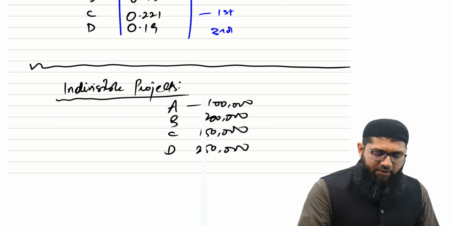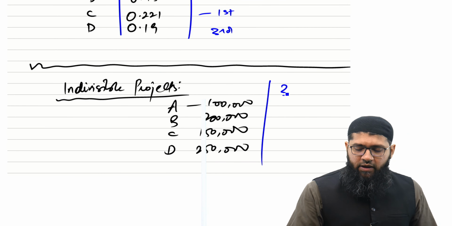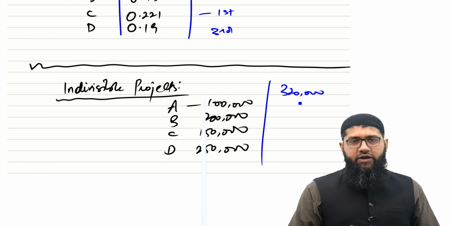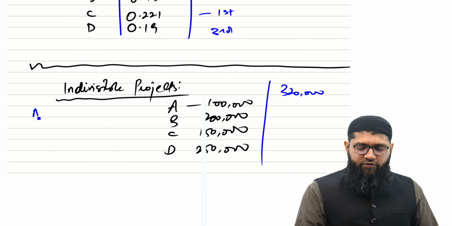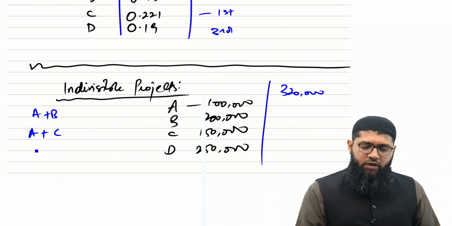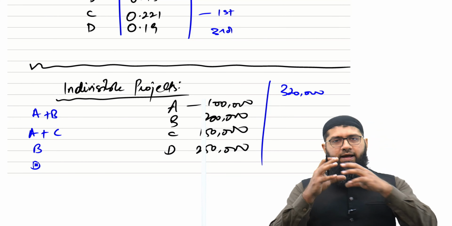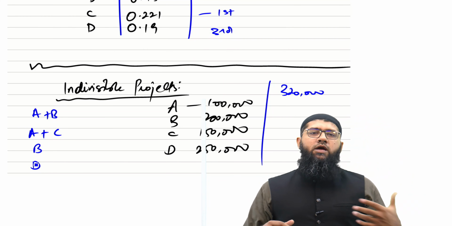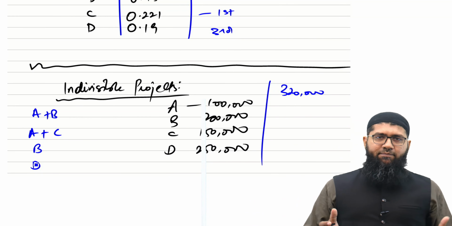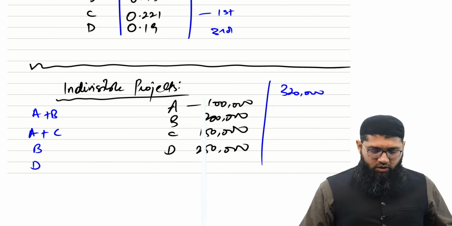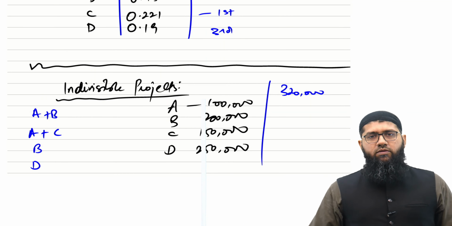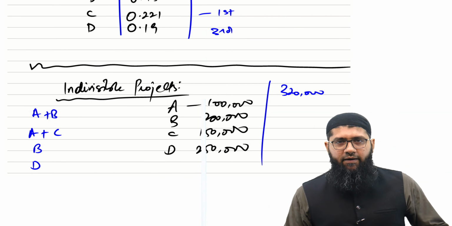And if you have an available capital of, let's say, 320,000, you would create different options. You would say A plus B, A plus C, only B or only D. Wherever you get the cumulative higher NPV, you would go for that specific project combination. That's what you're going to do. So basically this is how the capital rationing situation is handled.